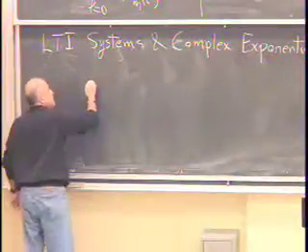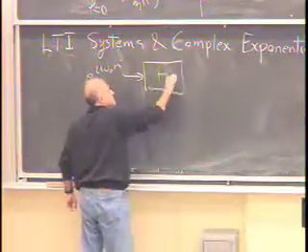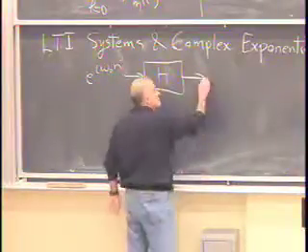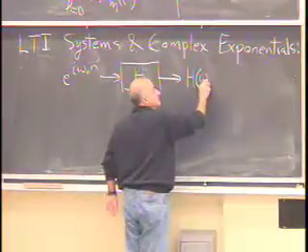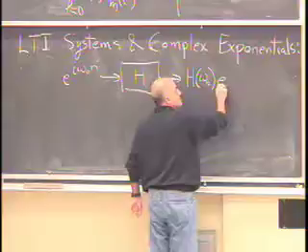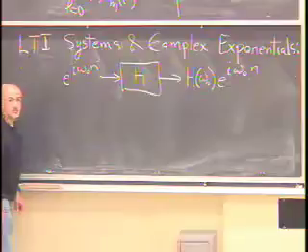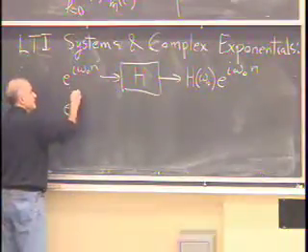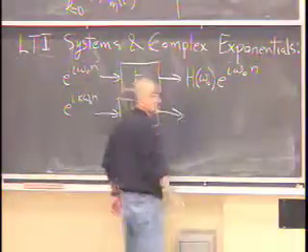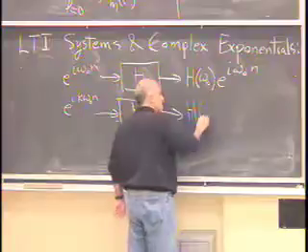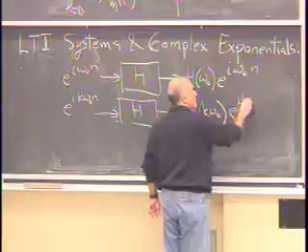You know from before that if you send e to the i omega naught n into an LTI system whose frequency response is h, what do you get out? H omega naught e to the i omega naught n. Okay? What if I send an e to the i k omega naught n? What do I get out? H k omega naught e to the i k omega naught n.